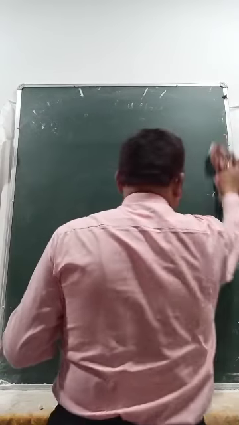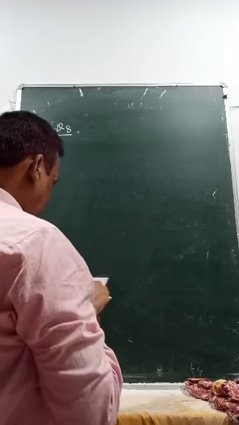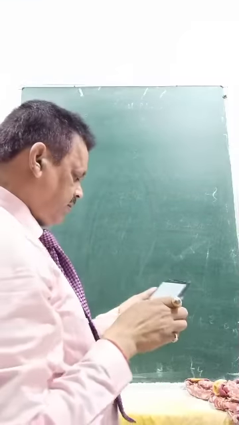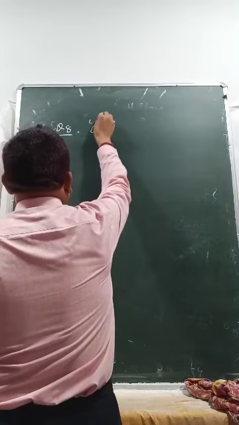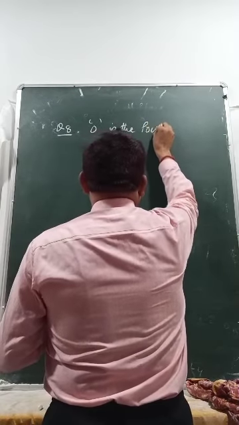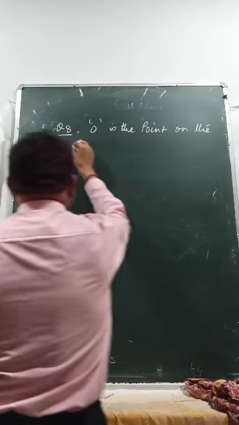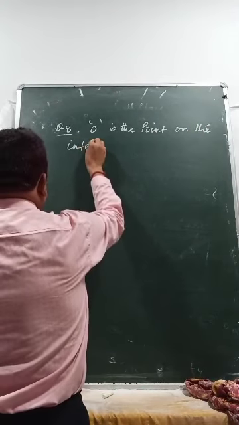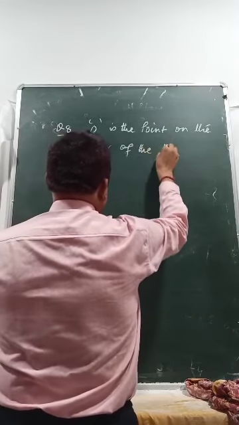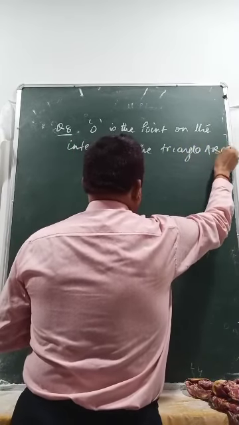Question number 8. O is a point in the interior of the triangle ABC.